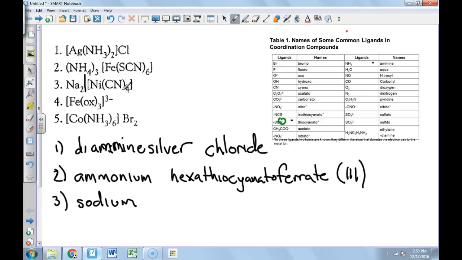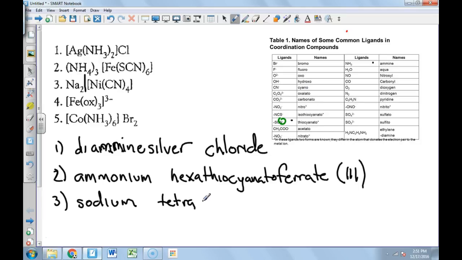Okay, so again, when we have these coordination ions, we want to start backwards. So we're going to start here with tetra, and then CN. If we look at CN, that's cyanide. That's what we know as cyanide, but CN as a ligand is cyano.